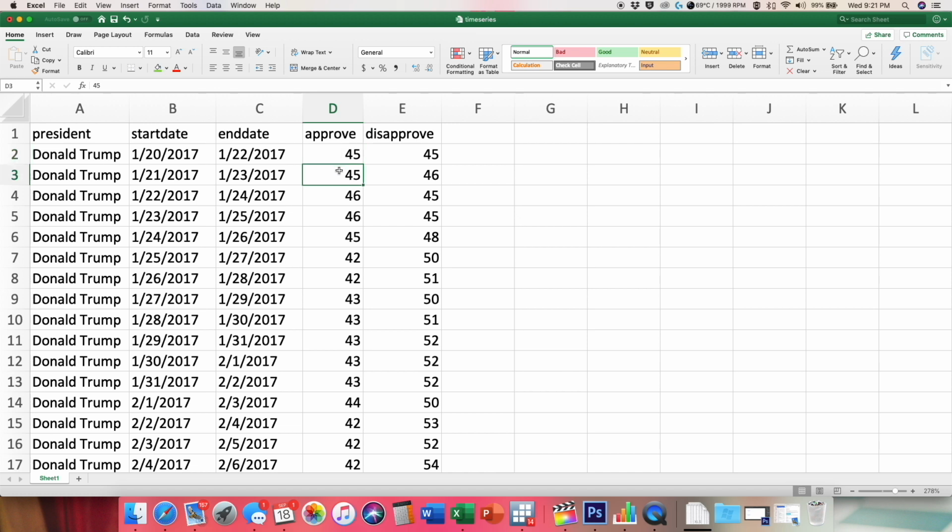Substantively, for approval ratings, unless something drastic happens, the people that disapprove or approve of Donald Trump on day 122 are still going to approve or disapprove of him on the next day, 121 or 123.